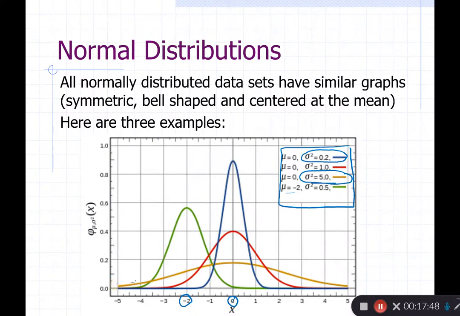So you look at this normal distribution, it is very spread out. Okay, so the mean changes the location of the graph, and the standard deviation changes how skinny or how wide it is.